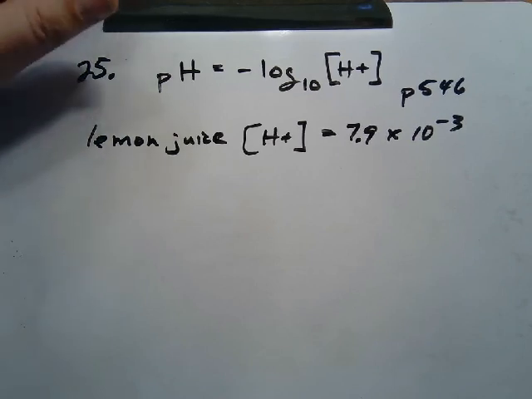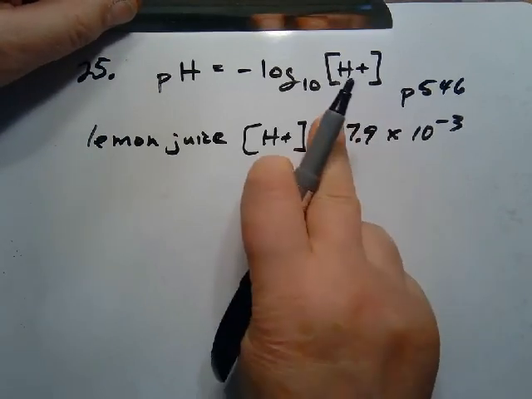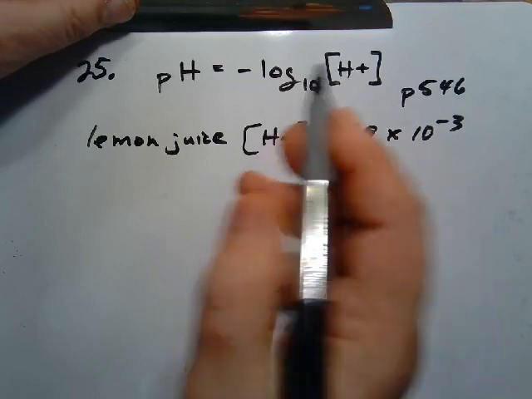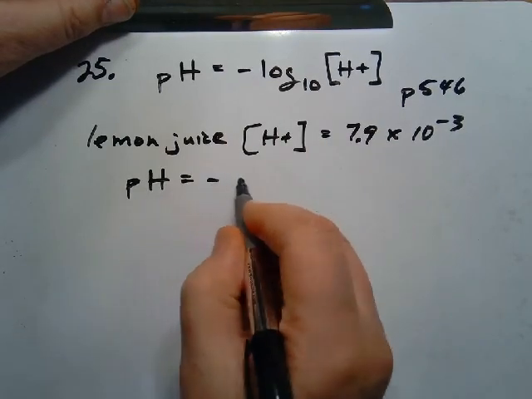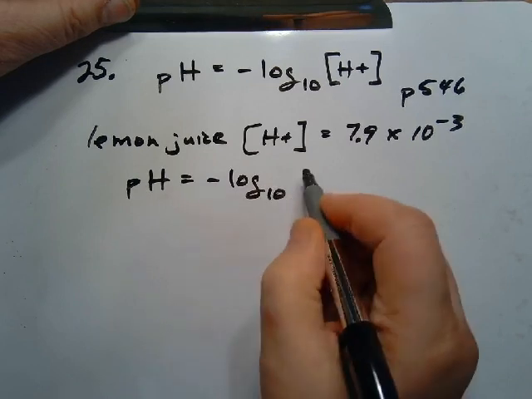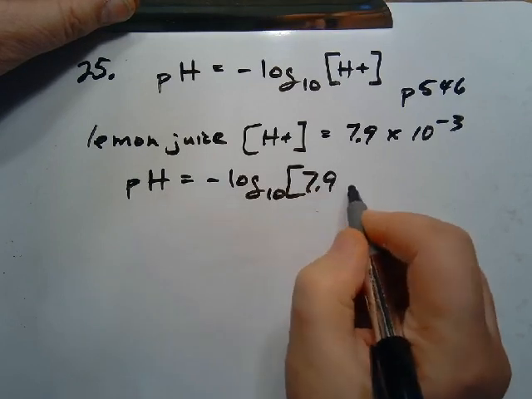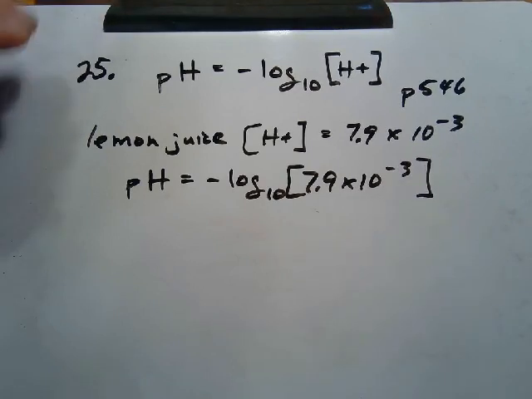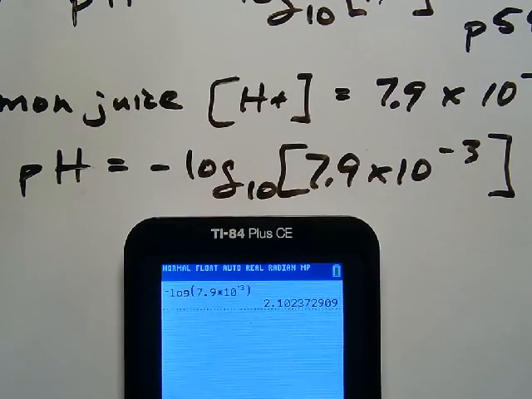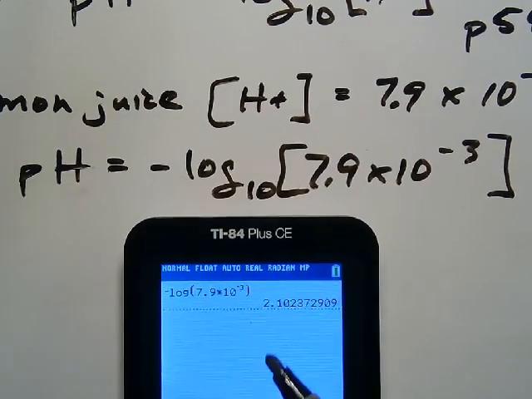Okay? Well, we can go ahead and plug that in our calculator, and we can do it a couple different ways, but let's plug it in. The pH is negative log base 10 of 7.9 times 10 to the negative 3. Okay, so I've made that calculation here.